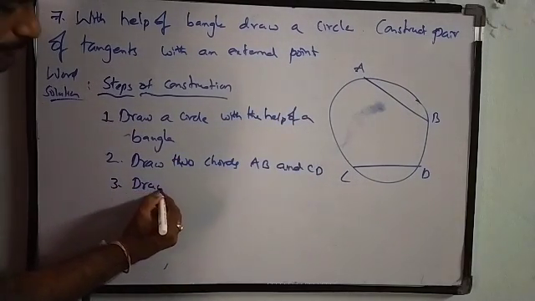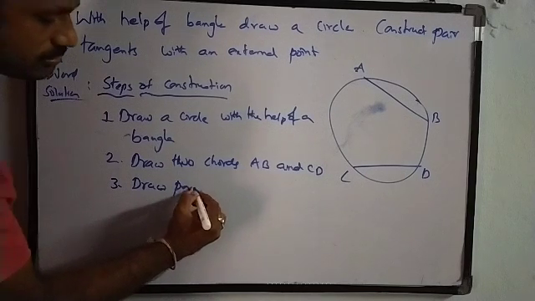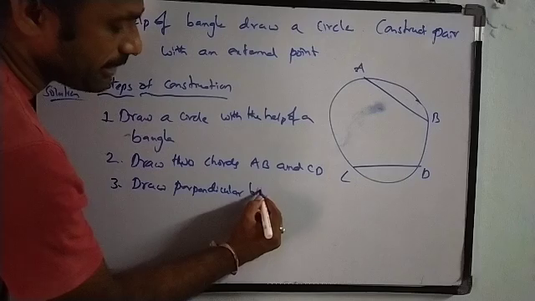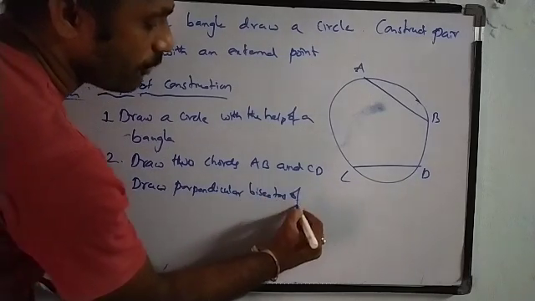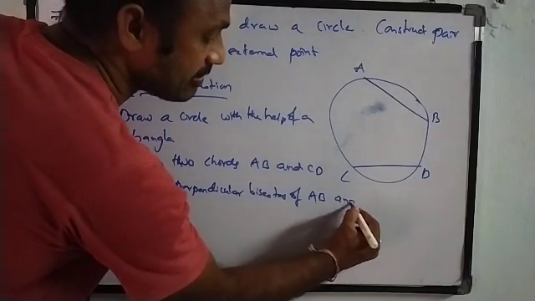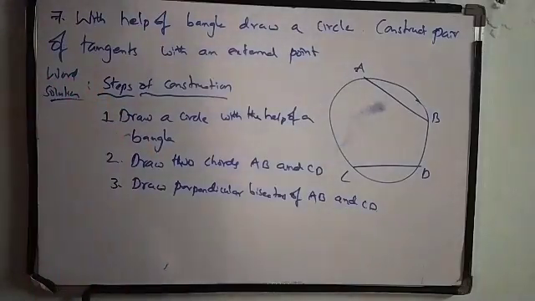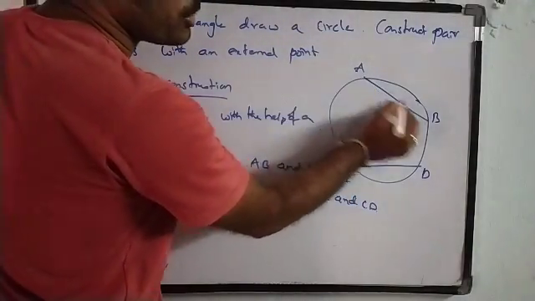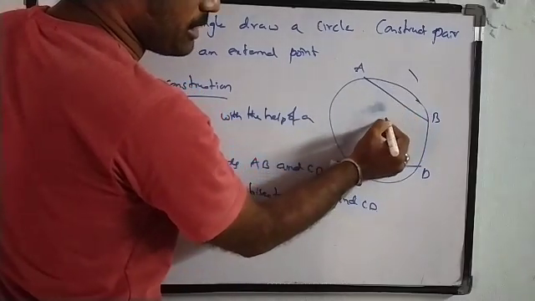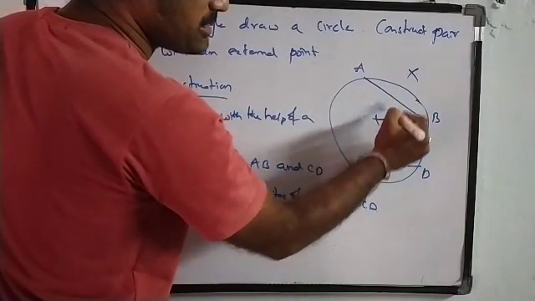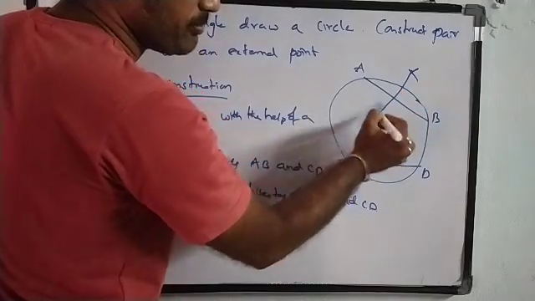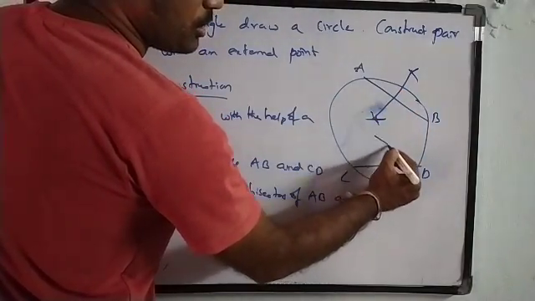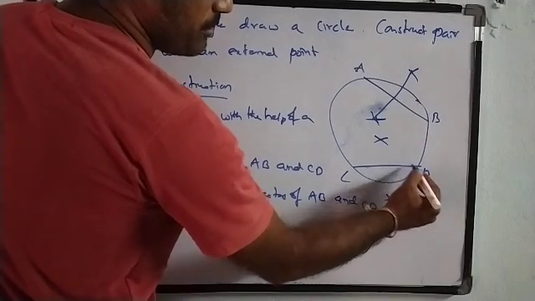Next, draw perpendicular bisectors of AB and CD. Drawing the perpendicular bisectors and bisecting AB and CD are the same. Take the total length AB, draw one arc outside and one inside. From B, cut these arcs and draw a line. Next, for CD also, draw one arc outside and one inside. From point D, cut the arcs.